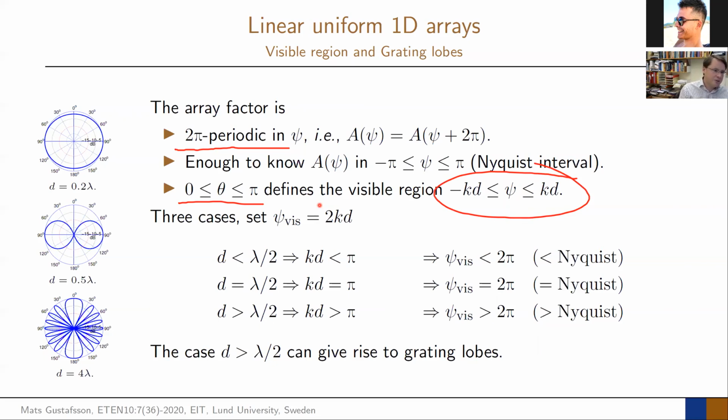So if I now look at these cases, I can compare it with the Nyquist criteria for sampling. And if I have this specific case here of lambda over 2, that's basically 2 sample points per wavelength. So this is the Nyquist sampling.